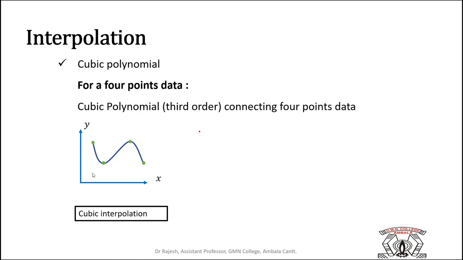Now after that we studied the different types of interpolation that are used to approximate the interpolating curve. So mainly 3 we studied: the cubic interpolation, quadratic interpolation, and the linear interpolation. Linear interpolation when 2 data points are given, cubic when 4 are given, and quadratic when 3 data points are given.